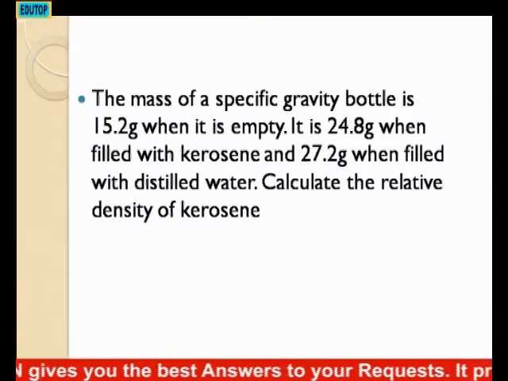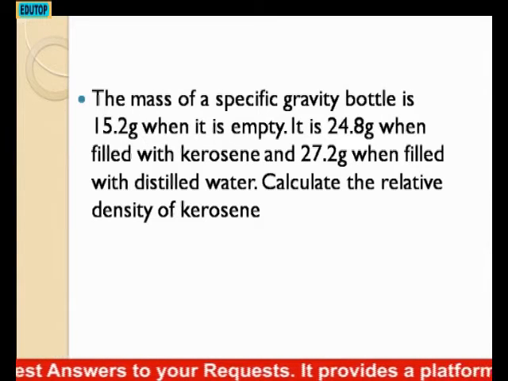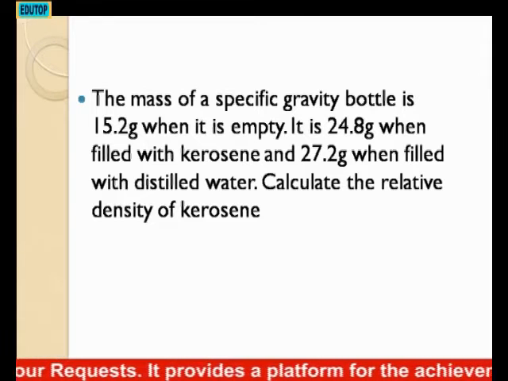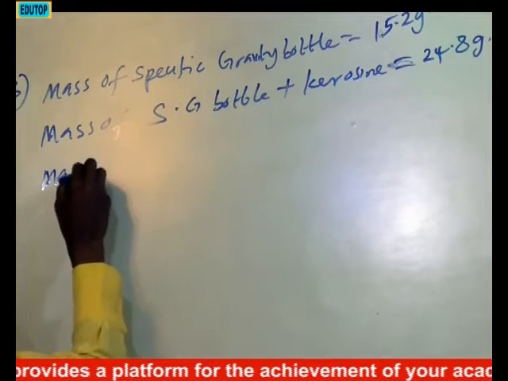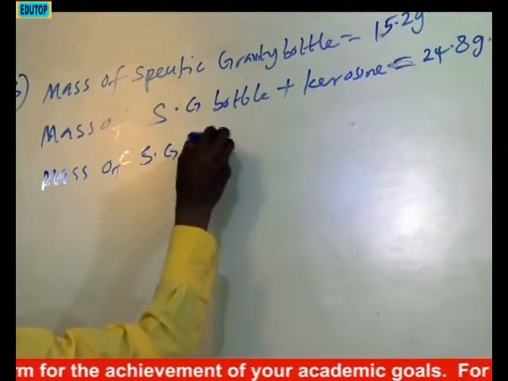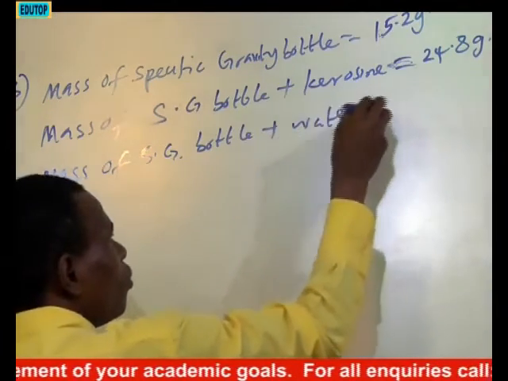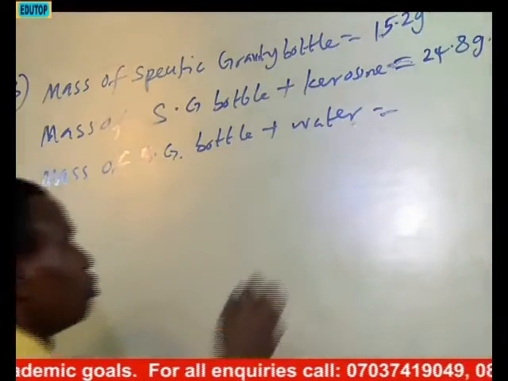We are told we have 27.2 gram when filled with distilled water. Mass of gravity bottle plus water, the value we are having there is 27.2.